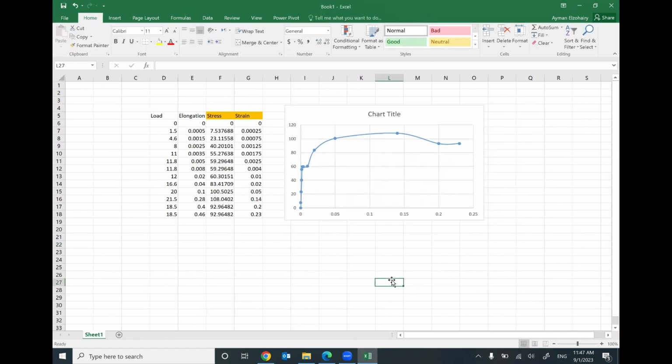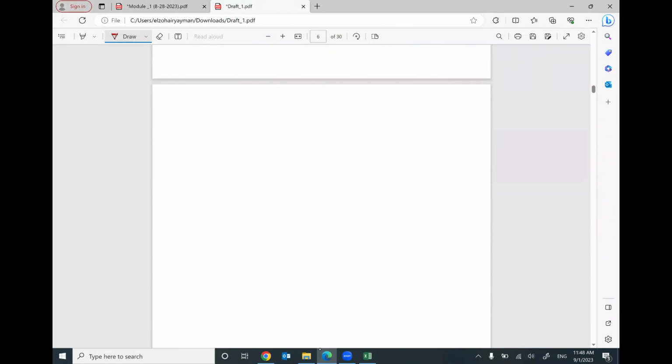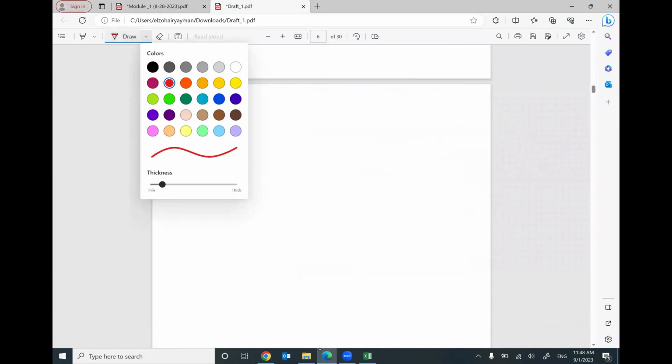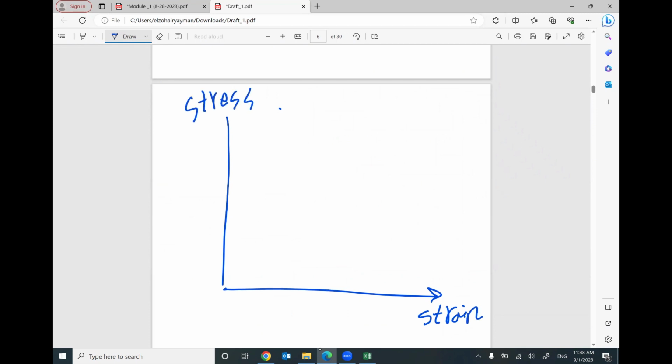This is the relationship between stress and strain of steel. If you remember last meeting, I told you, if you try to draw a relationship between stress and strain for steel, strain on the horizontal line, stress on the vertical line, your curve will be something looks like this.